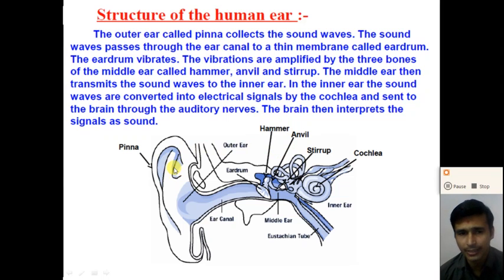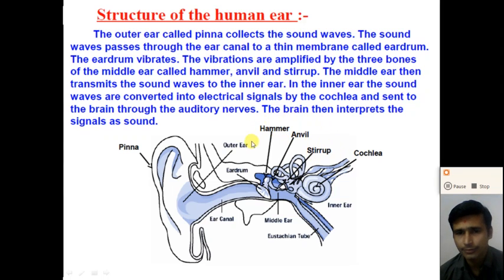So how can we hear the sound? Sound is received by the outer part. The sound wave is transmitted through the ear canal and reaches the eardrum. As the sound strikes the eardrum, it vibrates. And this vibration of the eardrum is amplified with the help of the three small bones, called the hammer, anvil and stirrup.